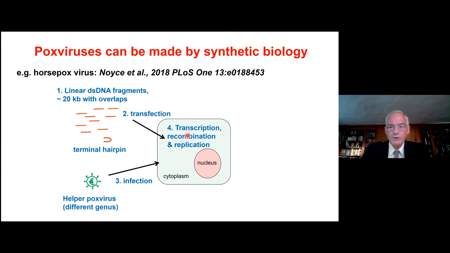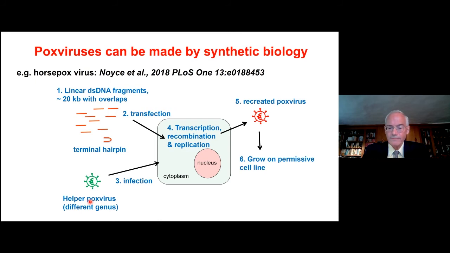The proteins then produced would enable the different parts of the genome to assemble by homologous recombination, and the fully assembled genome would then be replicated and packaged into new viral particles. These would be released from the cell, and they could be distinguished from the helper virus by the growth of this virus on a cell line that was permissive for the recreated virus, but non-permissive for the helper virus.